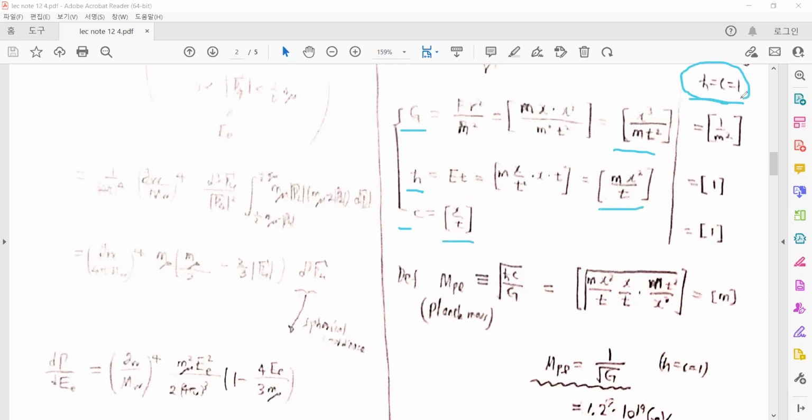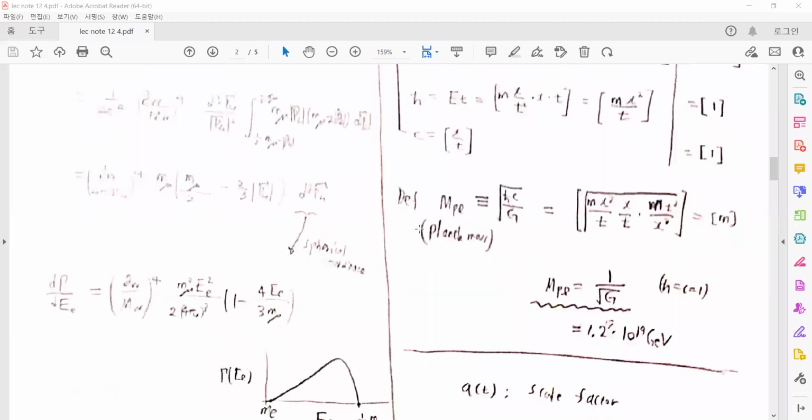If we use Planck units, the gravitational constant is one scale, and h bar equals 1. Then we can define the Planck mass as a combination of h bar, c and G that has the dimension of mass. If we insist that h bar equals 1, then the Planck mass equals 1 over root G, and it is about 10 to the minus 8 kilograms. And we use that Planck mass to express the gravitational constant.